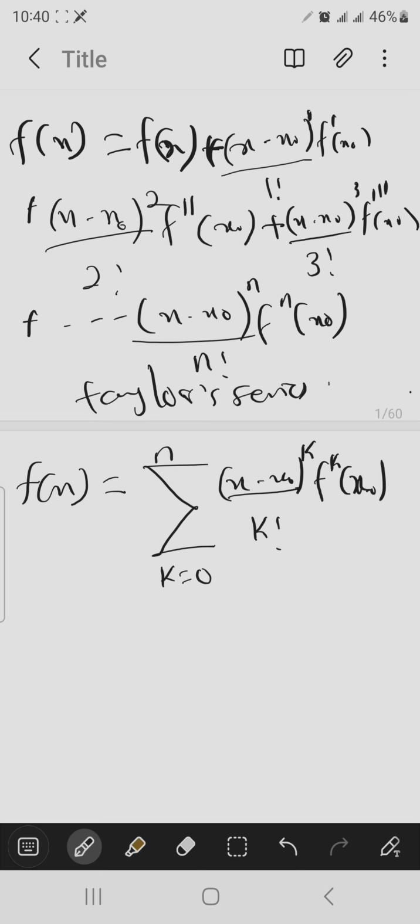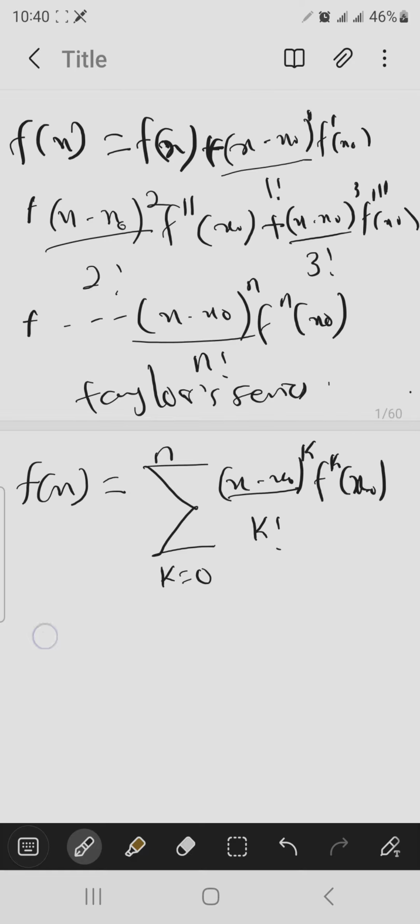So whenever I have the function of x, I subtract x naught and divide by its position factorial. If it were the first one, it would be 0 factorial. If it is in position 2, it is raised to power 1 factorial. I will now find one derivative.